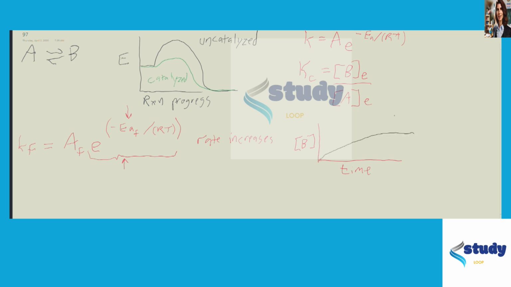Uncatalyzed, there's an equilibrium concentration of B that will form. Catalyzed, that equilibrium concentration forms sooner, but it ends up being the same amount, because all we've done is speed up the rate.